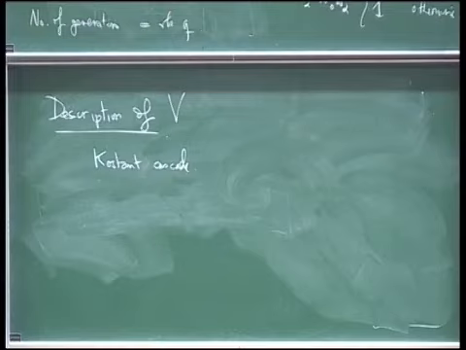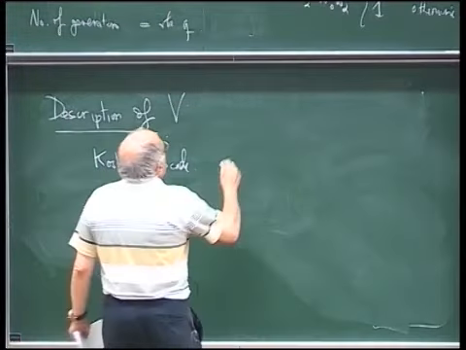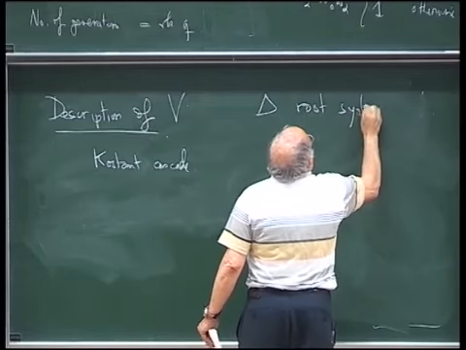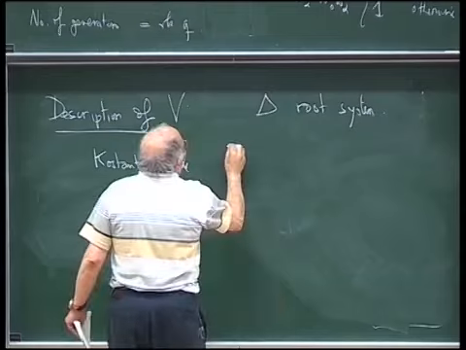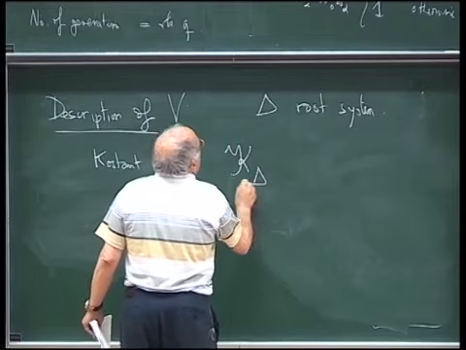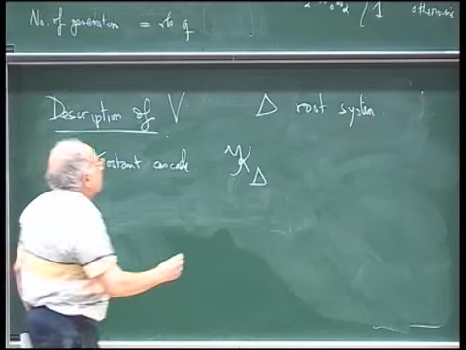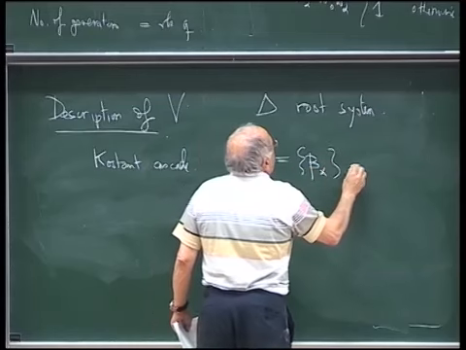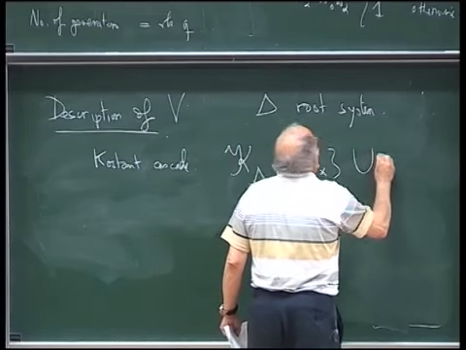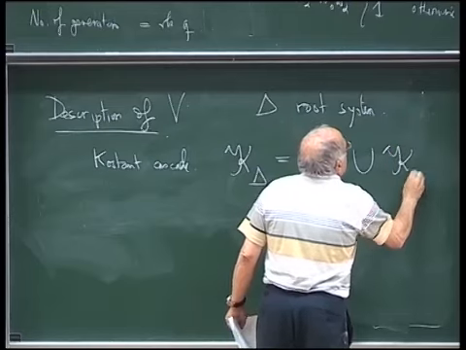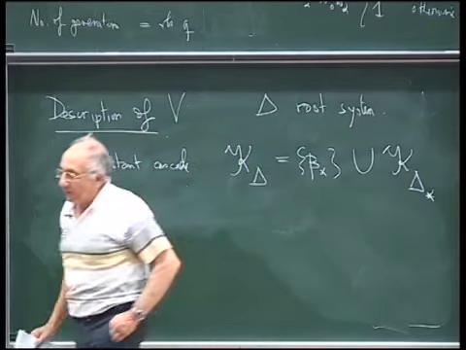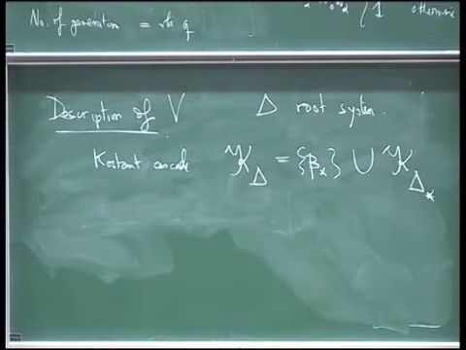It goes as follows: let delta be the root system. The constant cascade is associated to a root system, and it consists of the highest root and the constant cascade of everything orthogonal in the root system to B star.